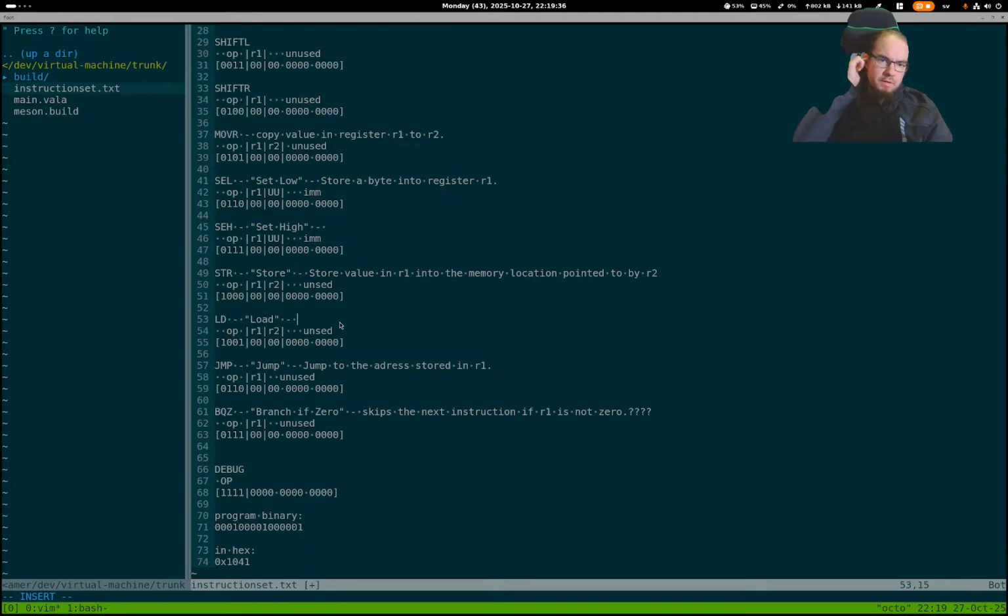Store value in R1 to memory location pointed to... No, that's wrong. It should be R2, R1. Load value in memory pointed to by R1 into R2, I guess.